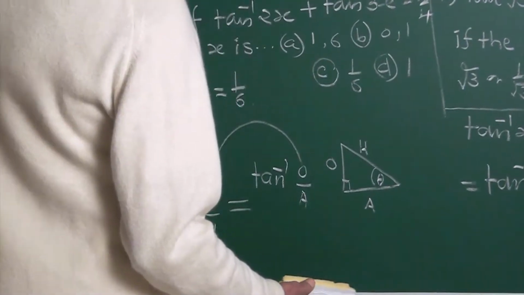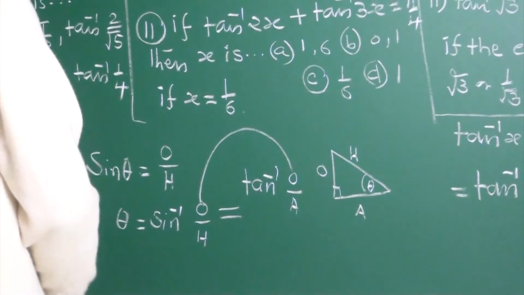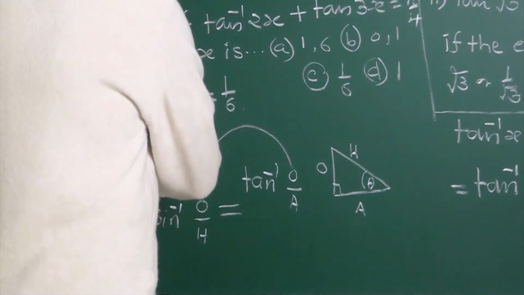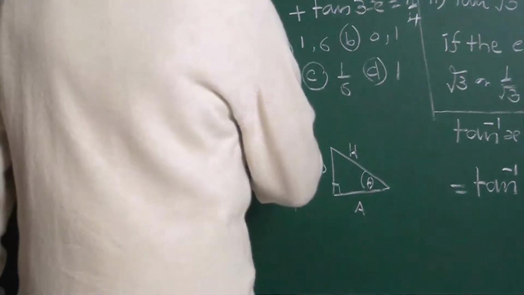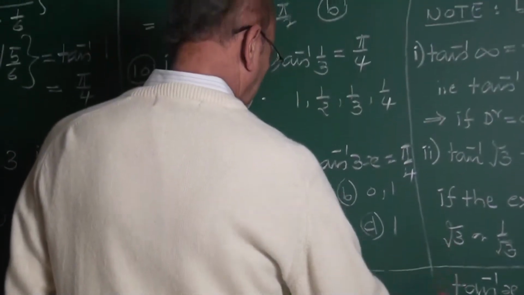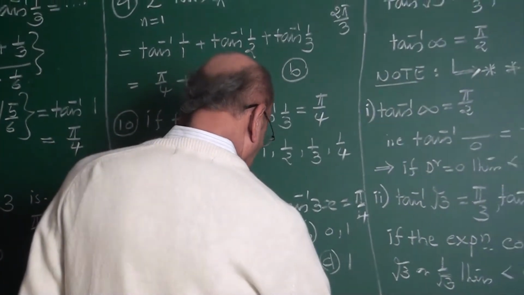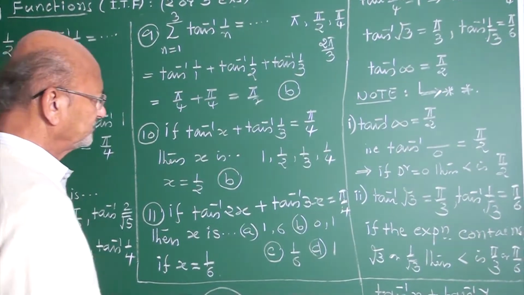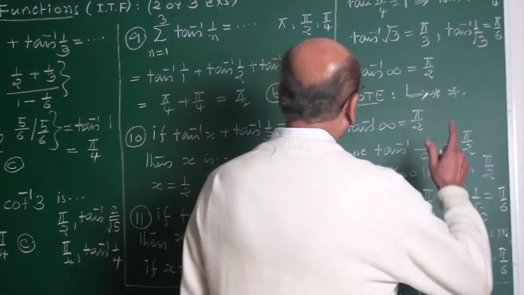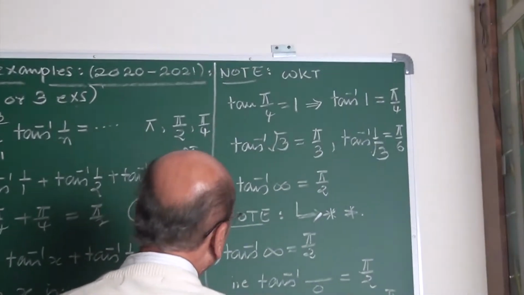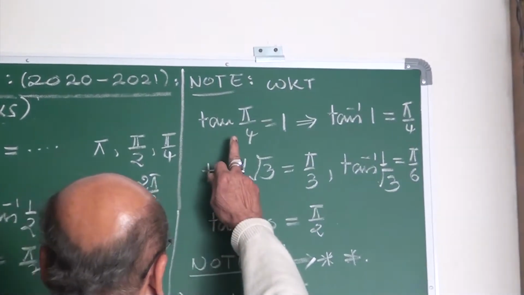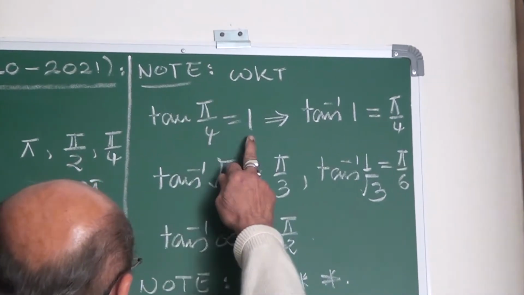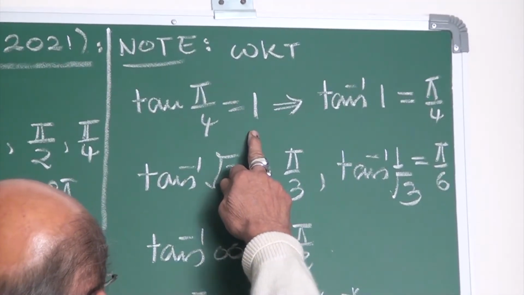Now I am going to continue the examples. There are so many results, my friends, which you already know; I am reminding you of those results. We know that tan 45, that is tan pi by 4, is 1.